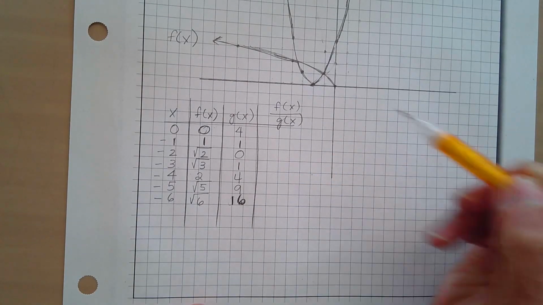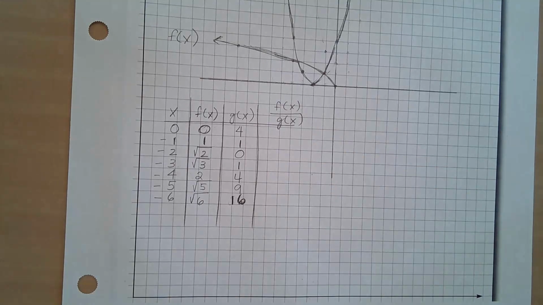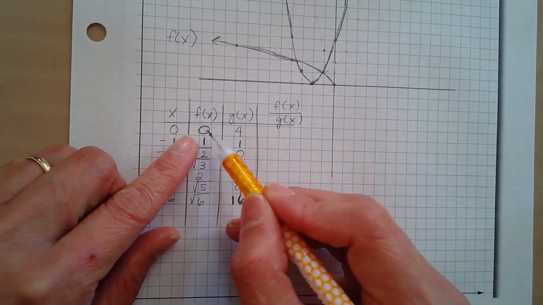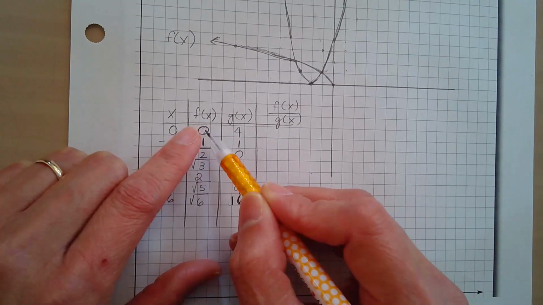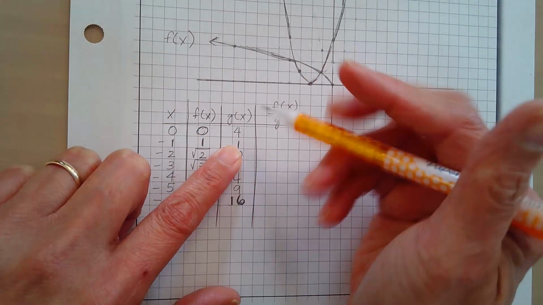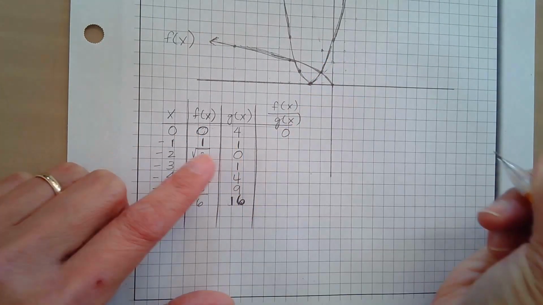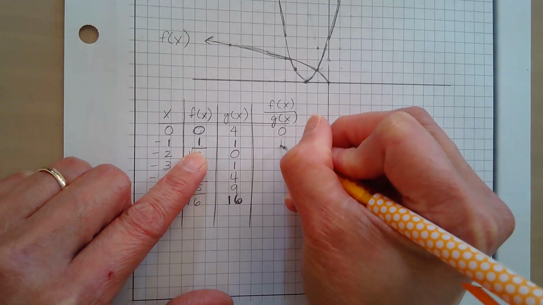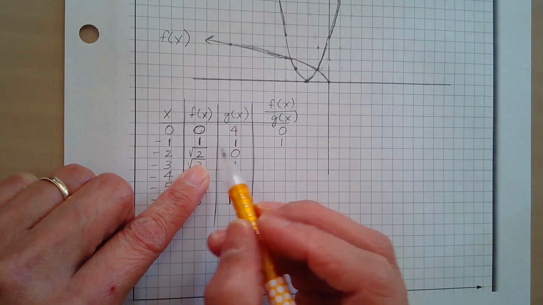Okay. Now that we have all of these laid out, we can do f of x divided by g of x. So 0 divided by 4 is 0. 1 divided by 1 is 1.